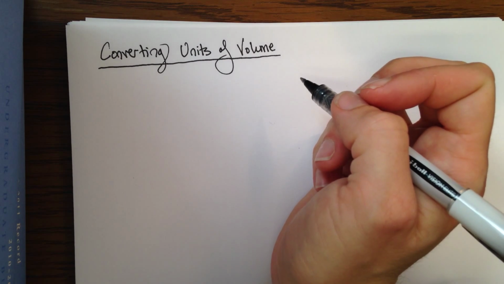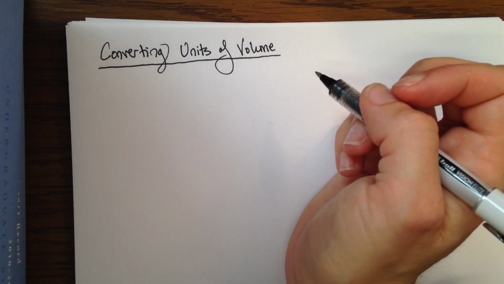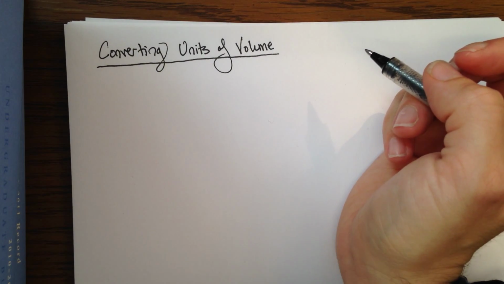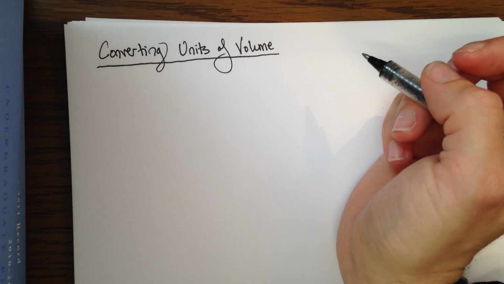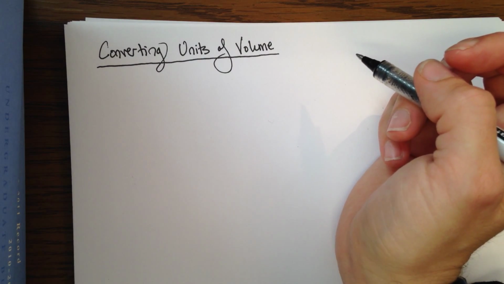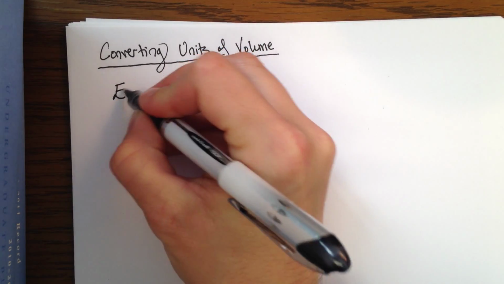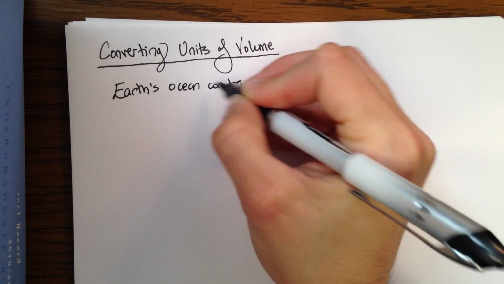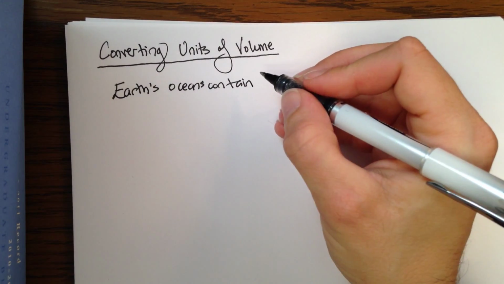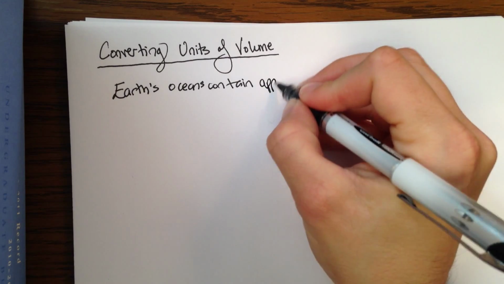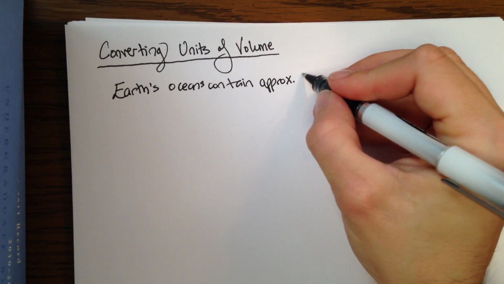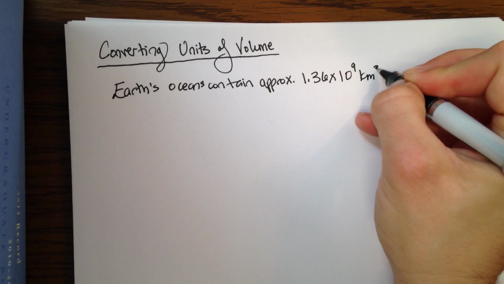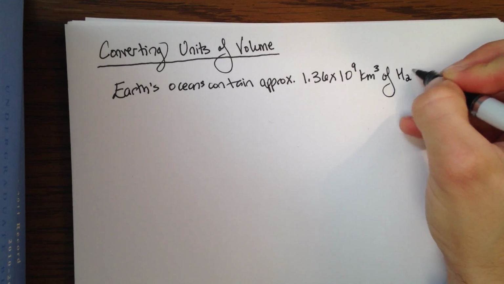Now the example that I'm going to be using is a sample exercise that's in your book. It's sample exercise 1.11. So again, you can follow along with what's happening in the book if that's at all helpful for you. Now in this problem, we're told that Earth's oceans, oceans plural, contain approximately 1.36 times 10 to the 9th kilometers cubed of water.